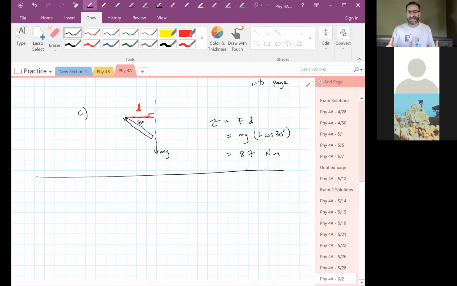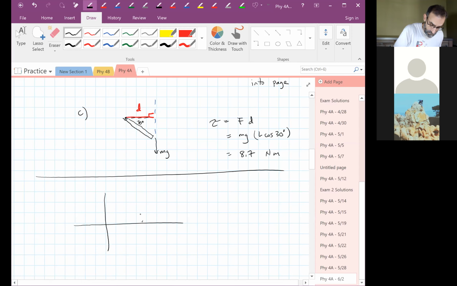Just be consistent and get the right answer. But for rotational motion, they all like to go with the math convention for how we measure angles, and that is you start on the positive x-axis and move counterclockwise to get a positive angle.